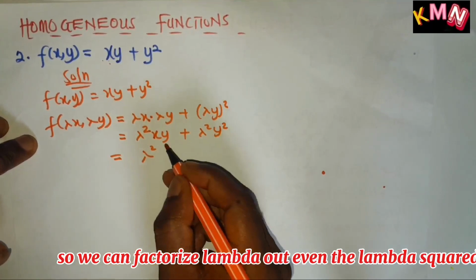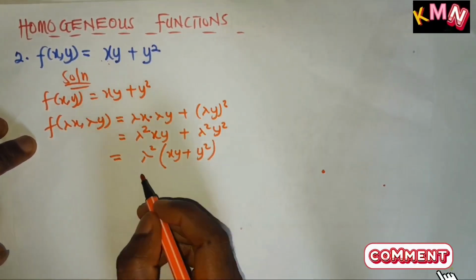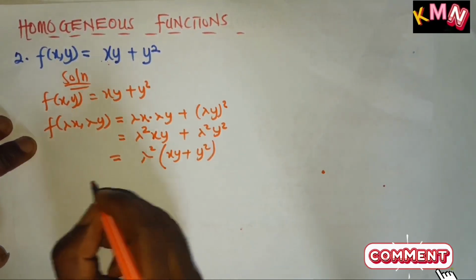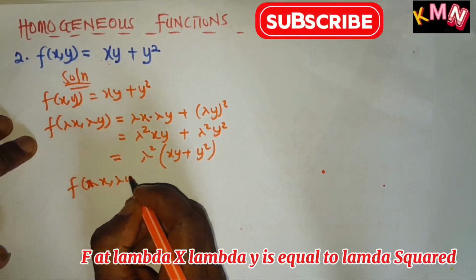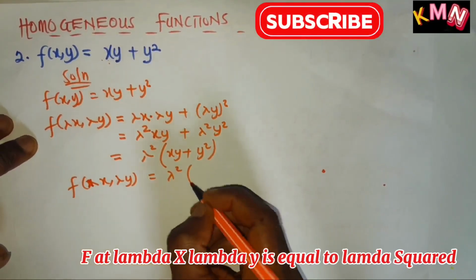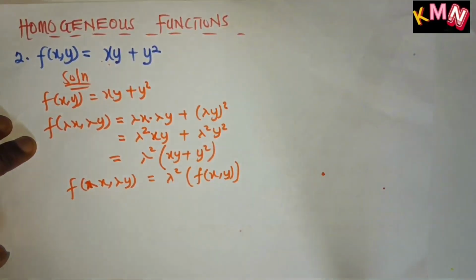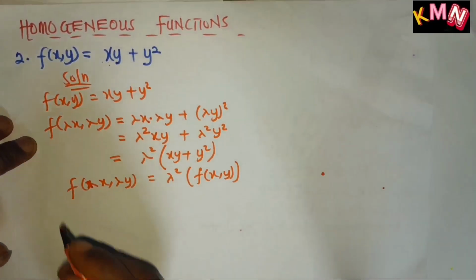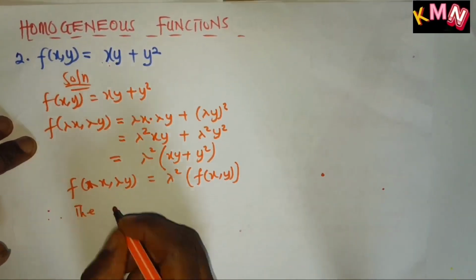We are going to get λ² times (xy + y²). And with that, we can say that f(λx, λy) is equal to λ² f(x, y). So since this is out without having any lambda in there, we can say therefore it is homogeneous.